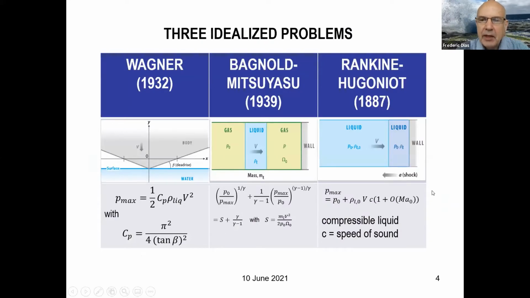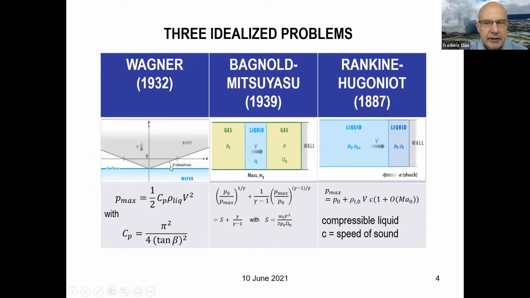Essentially we can decompose these types of impacts into three idealized problems. The first one is well known in the shipbuilding community. That's the Wagner problem, and it's like a ship hitting the water surface. Here's the example. The body could be the ship, for example.